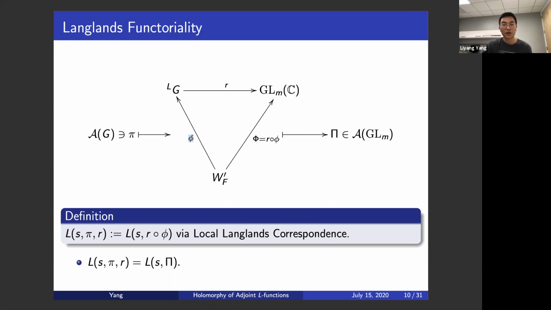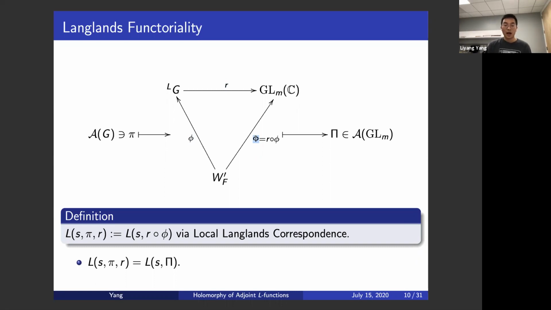And if furthermore you are given an L-homomorphism, or equivalently a finite-dimensional representation of the dual group, let's say r, then you can consider the composition of these two homomorphisms and call it capital Phi. And this capital Phi will give you a new parameter, an m-dimensional Galois representation of the Weil group.